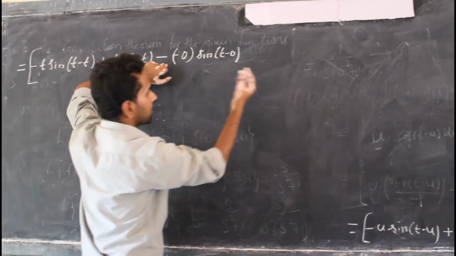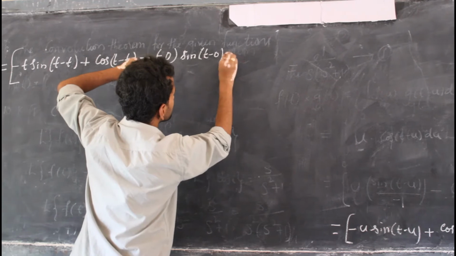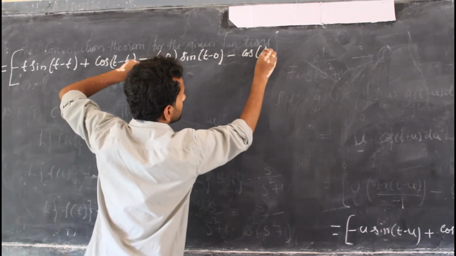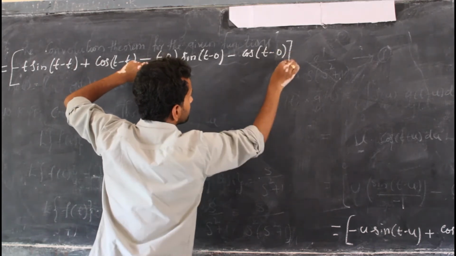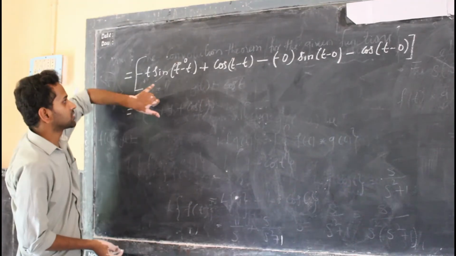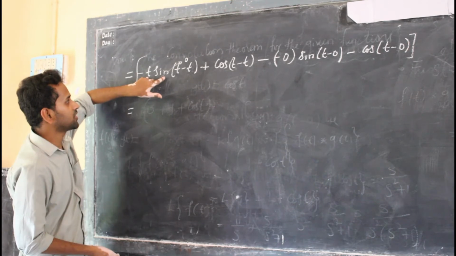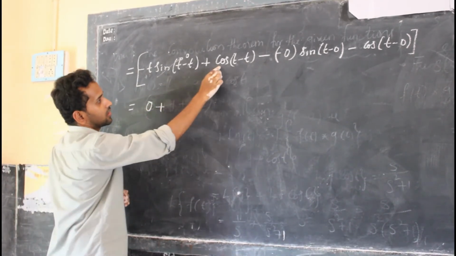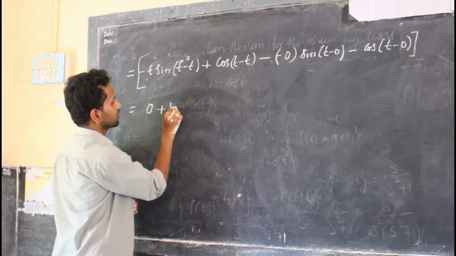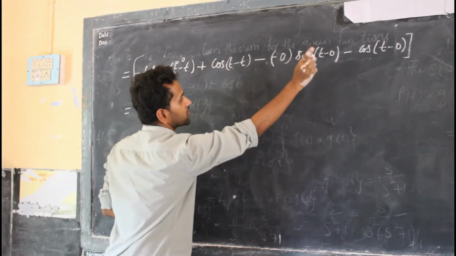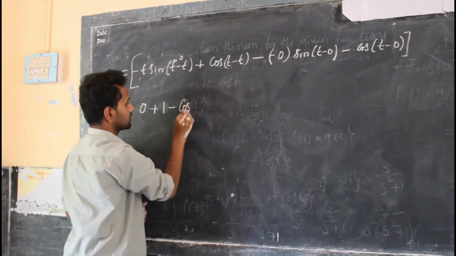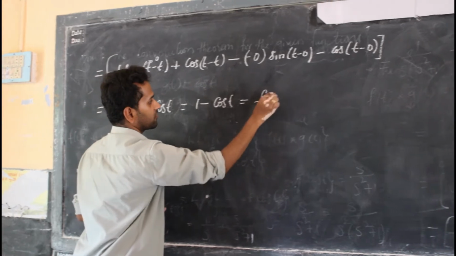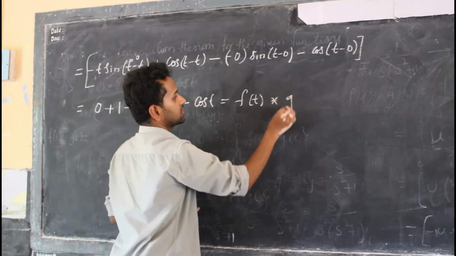Next one, minus into plus becomes minus cos(t minus 0). So we get minus t into sin 0, which becomes 0, plus cos 0, which becomes 1, minus 0 into cos t. So finally 1 minus cos t will be my f of t star g of t.